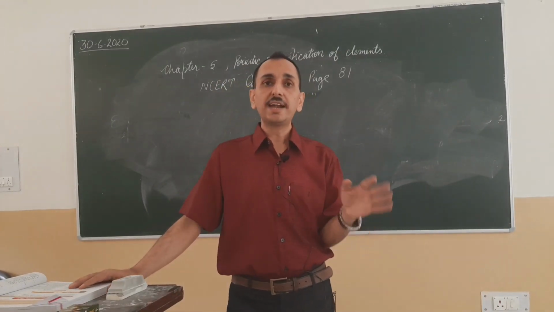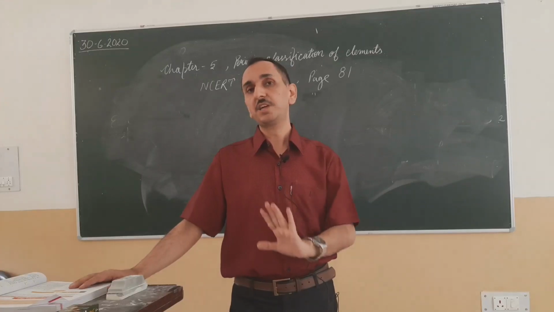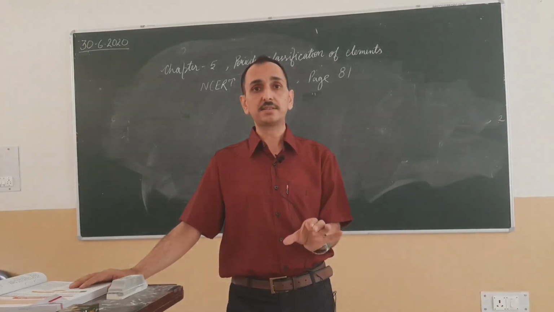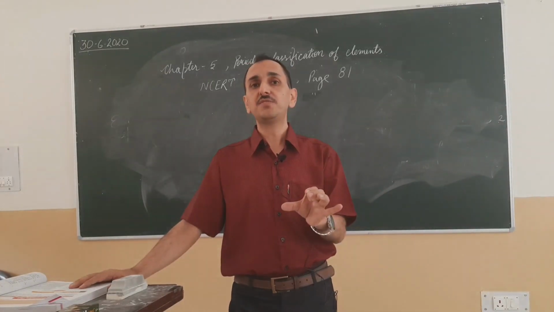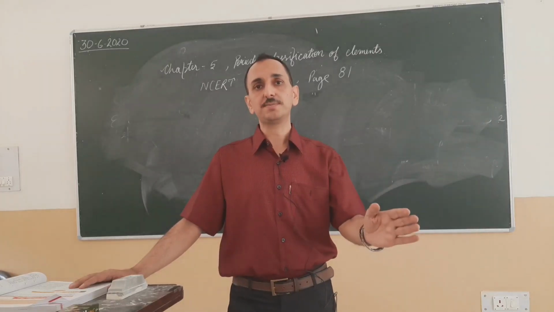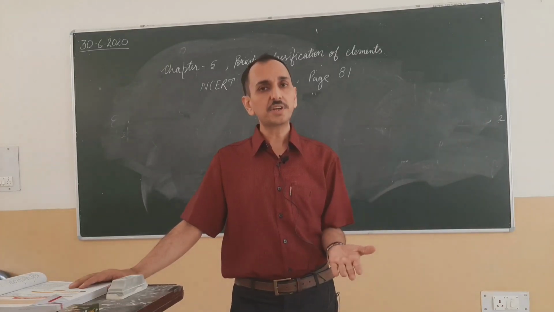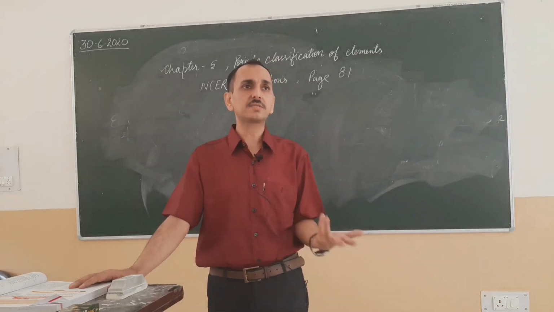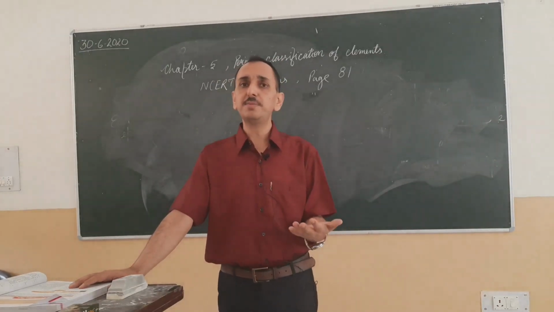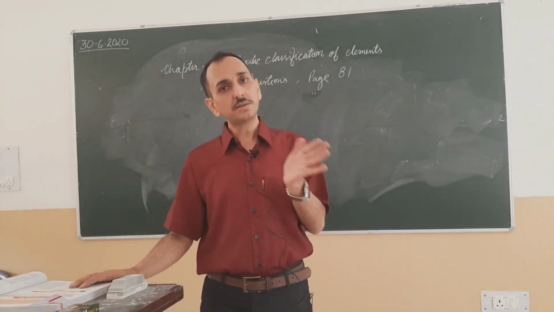It was assumed at that time that only 56 elements were known, and Newland said that no new element would be discovered in the future, which is wrong. After his studies, other elements were discovered.